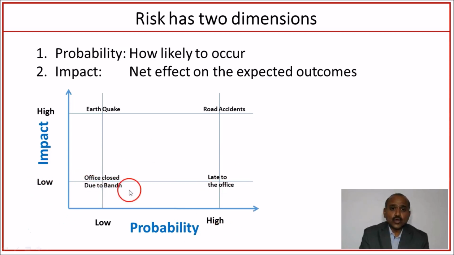Similarly, the probability of the office getting closed due to a bandh is very low in that city, and its impact on the employee's outcome is also very low because he is not doing anything wrong. Because there is a bandh, he could not reach the office, so the organization understands it. Similarly, for an earthquake, the probability is very low in that city, but if it occurs, it has a very high impact. Thus, risk can be described through impact and probability dimensions.